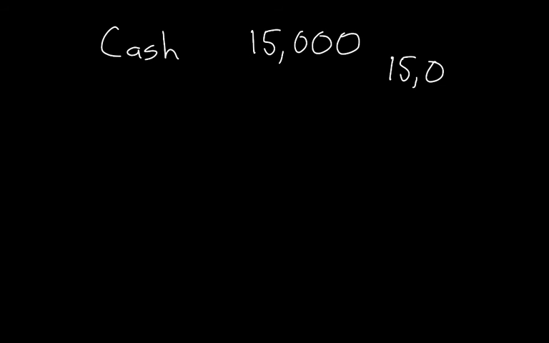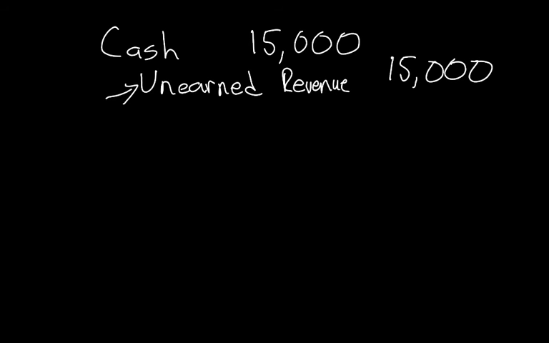So when you receive that cash, as in the case of this client, you would debit the cash account because your cash did increase, and cash is an asset, and how we increase an asset account is we debit it. But you would credit a liability account, and that liability account is called unearned revenue. And so this here is a liability account.